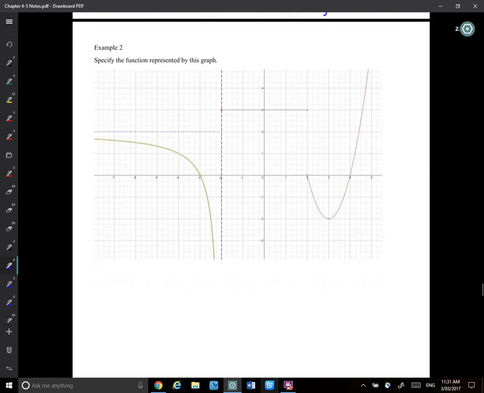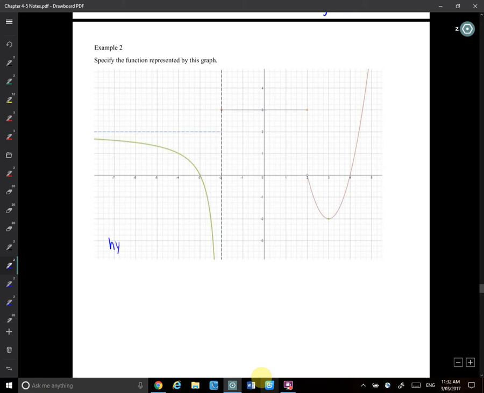Example 2 is another one. We talk about specifying the function represented by this graph. We can see 3 functions on one set of axes. That must be a hybrid function. So let's have a look at the first one, the most left-hand side, the green one. What kind of graph is that?